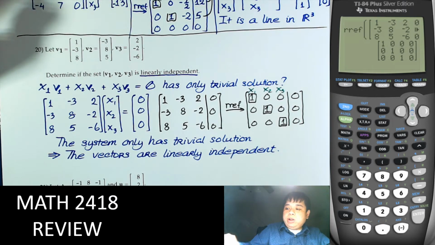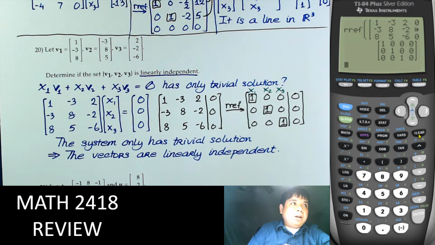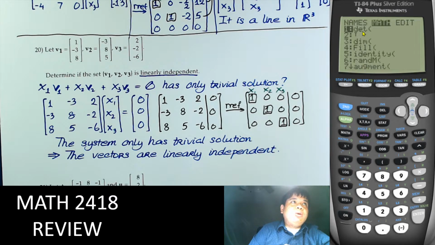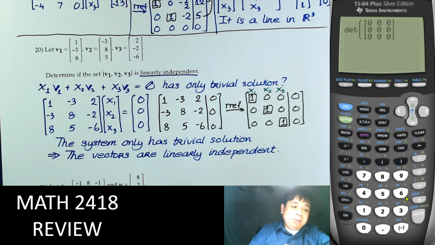So that's one way to do that. Like I said, there's another way we look at this. But another way to do this is to use the determinant in chapter 3. So we take the second matrix, the first one being the determinant, 3 by 3. If the determinant is not equal to 0, then the system is linearly independent.